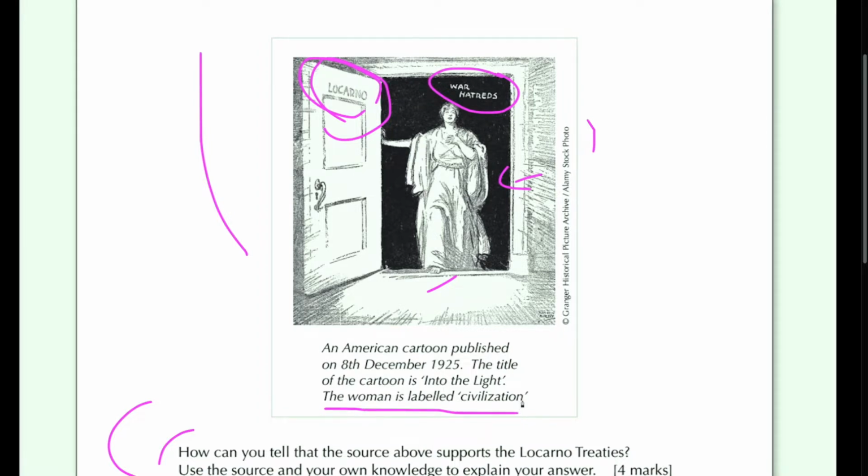So this is allowing the female figure of civilization to come out. That's why she's coming out of the door, out of this darkness of war hatreds. I mean, the things that people hated, right? And she's coming into this brightly lit room, because it seems that she's coming to some place lighter, right?